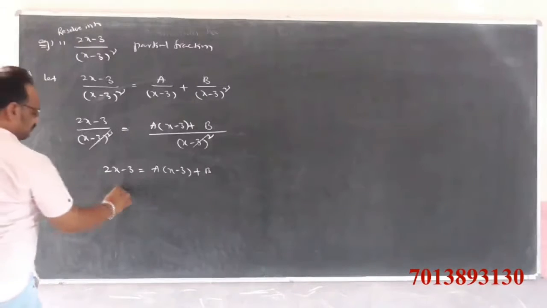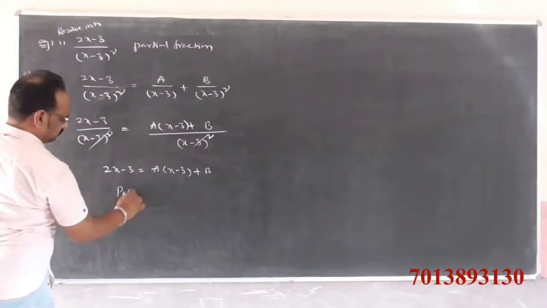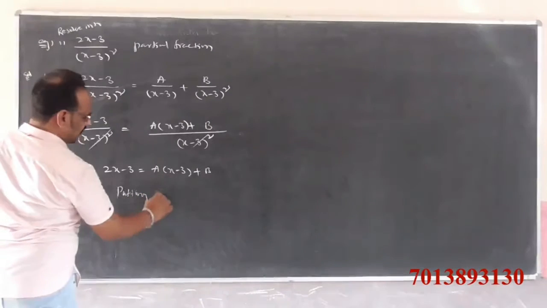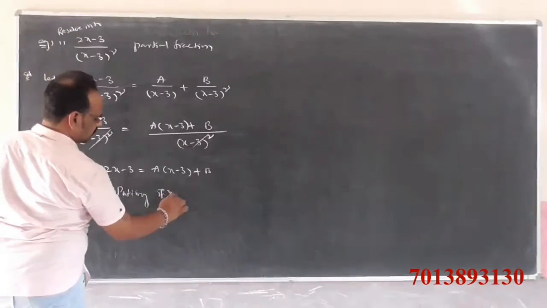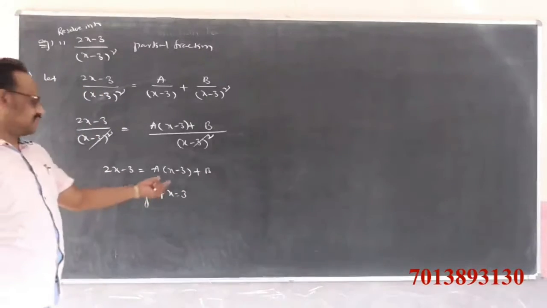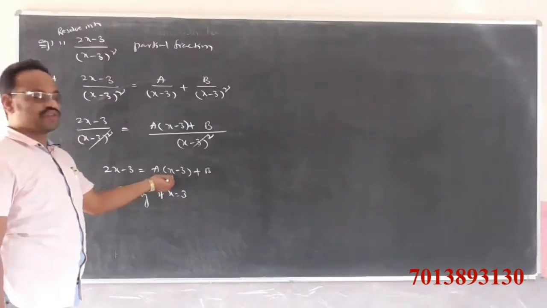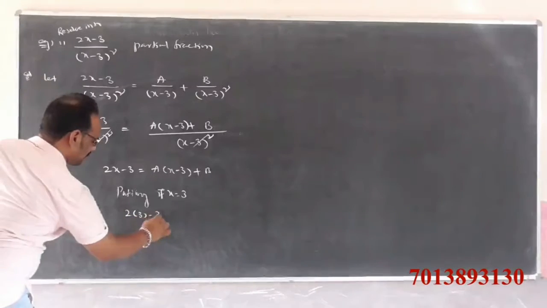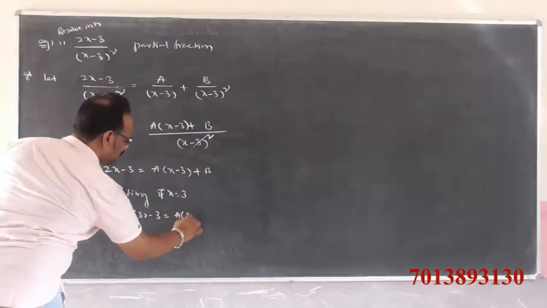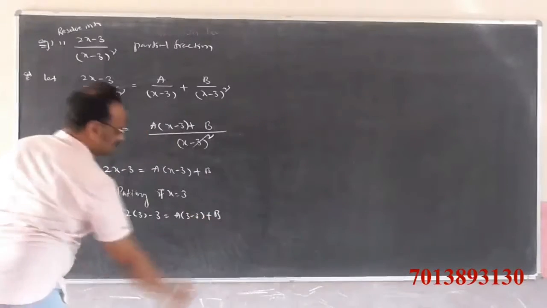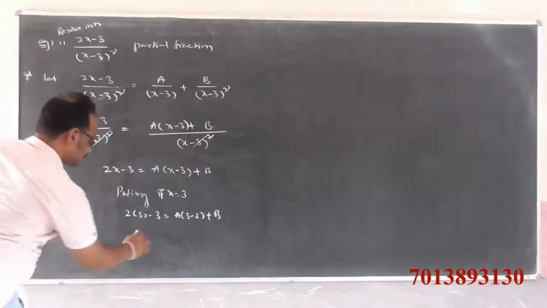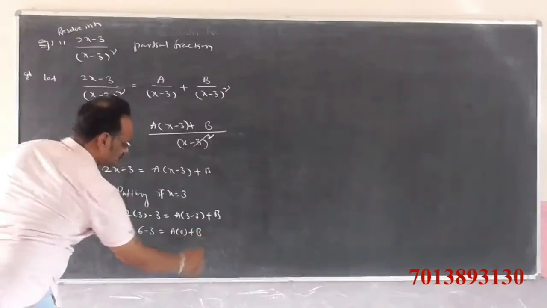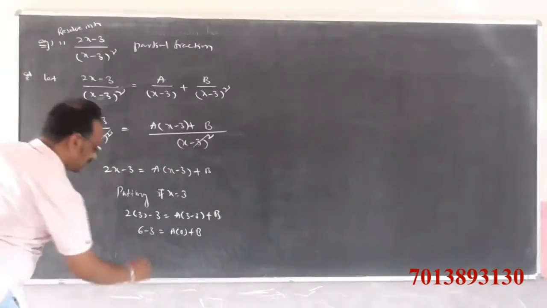Putting x equals 3. Clearly, if we substitute x equals 3, we get 2 into 3 minus 3 is equal to A into (3 minus 3) plus B. 2 threes are 6, 6 minus 3 is equal to A into 0 plus B. 6 minus 3 is nothing but 3.